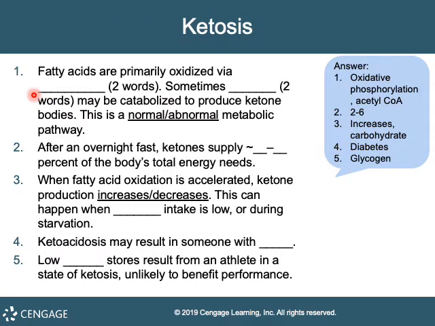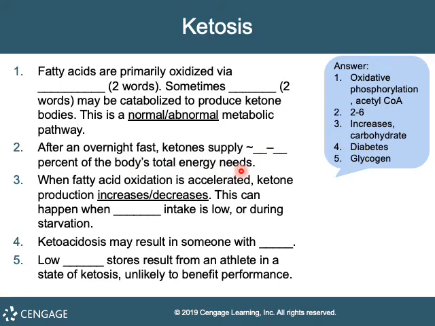Fatty acids are primarily oxidized via oxidative phosphorylation, such as we covered in the first couple chapters of the text. Sometimes acetyl-CoA may be catabolized or broken down to produce ketone bodies, and this is actually a normal metabolic pathway. Such as after an overnight fast, ketones supply 2 to 6% of the body's total energy needs.